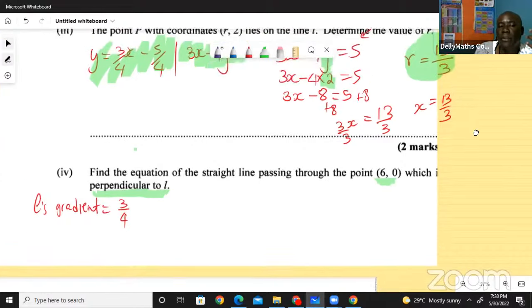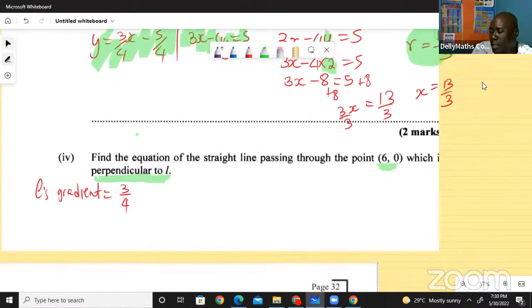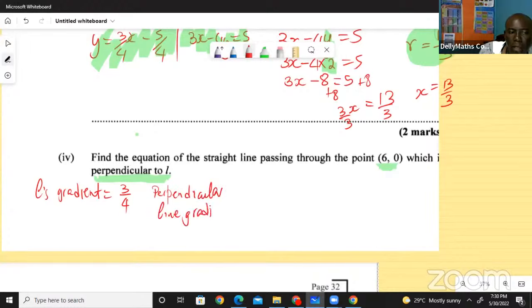When lines are perpendicular, one of their gradients is the negative reciprocal of the other, which means that if L's gradient is 3/4, the perpendicular line to L has gradient -4/3.